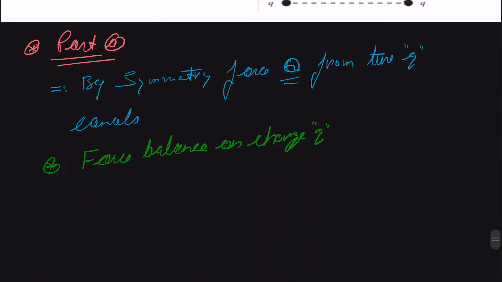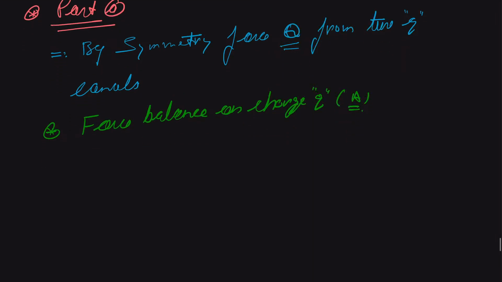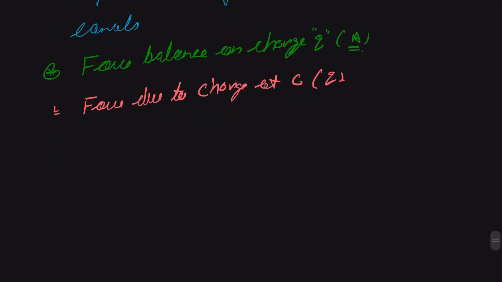Force balance on charge A, that is at point A. So first of all, let's find out the force due to the charge at C, and the charge at C is small q, and we can say that this force is our Fc, and Fc will be equal to k q square over the distance between the two, which is 2d, this whole square.